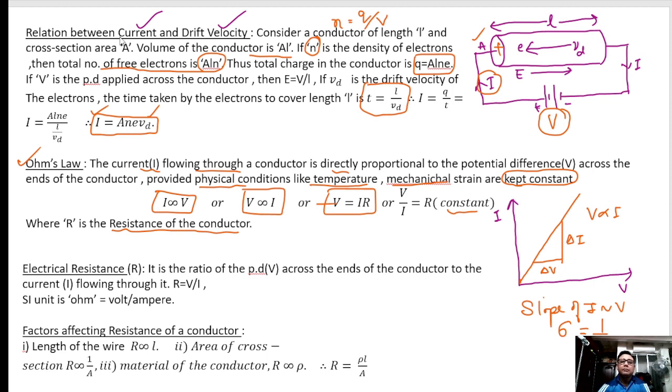Please remember, the slope of this... one minute, let me write it here.